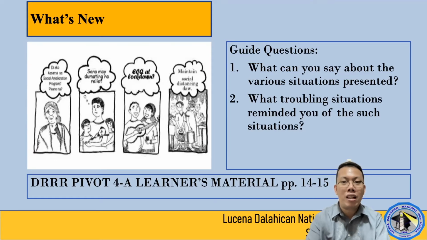Right now the NCR plus bubbles are still in the extension of the ECQ. But even before, na-experience natin to during the height of COVID-19 last year, 2020. So everyone can relate to this kind of situation.